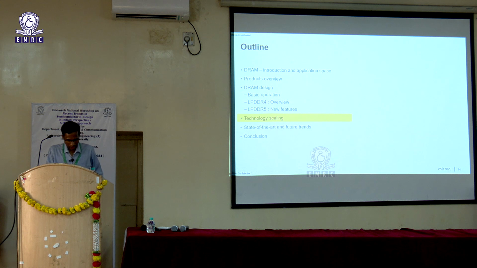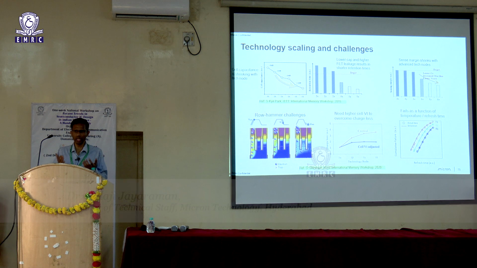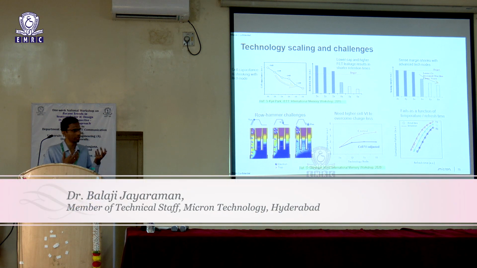Now I will come to the last topic, technology scaling. So to the left, this is the cell capacitance. So these are the different technologies, right? You might have heard of CMOS technology, 65 nanometer, 45 nanometer, 10 nanometer, 7 nanometer, and it's a single digit now, 3 nanometer and all.